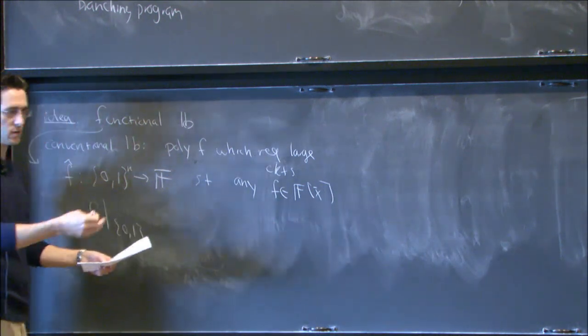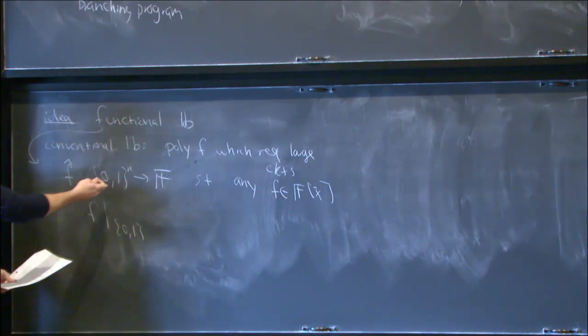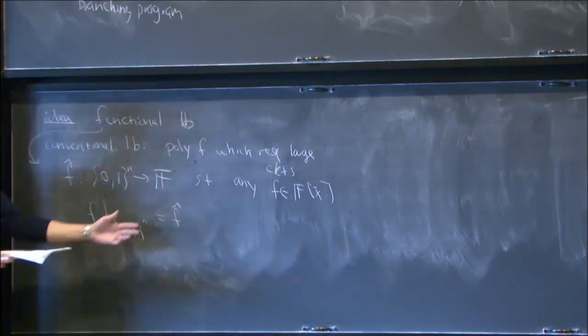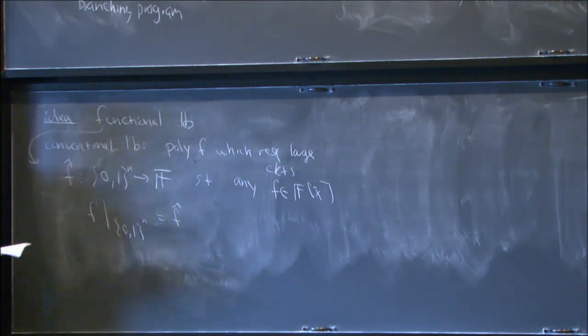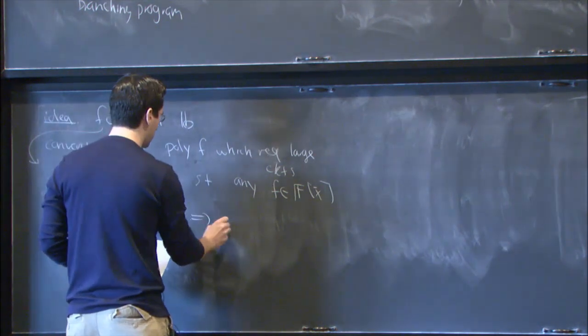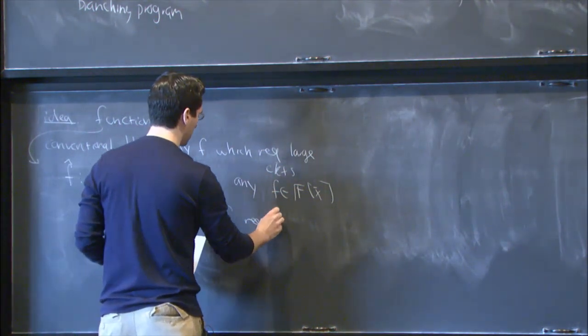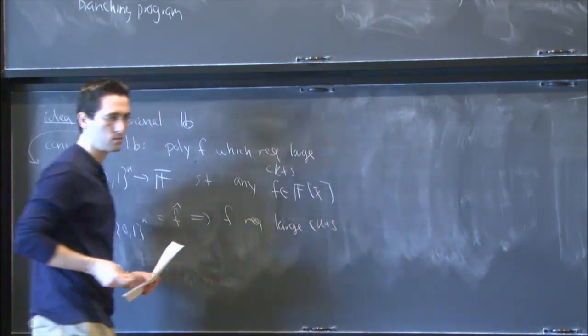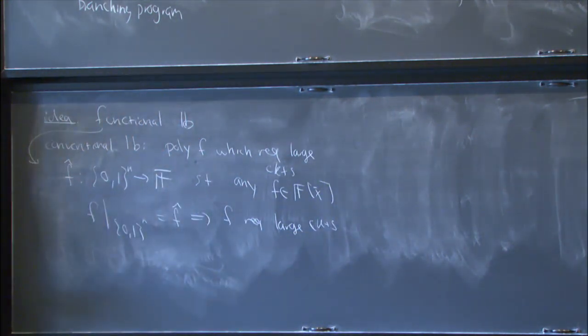Any polynomial defines a function on the entire field, but you can restrict it to the Boolean cube, and suppose that it agrees with f hat. Then I want to say that this implies that f requires large circuits. And that's what I'm going to call a functional lower bound.